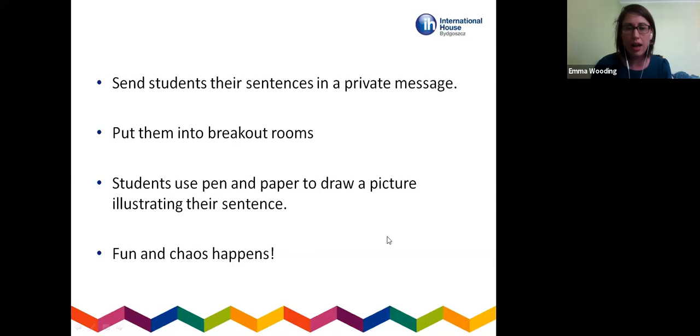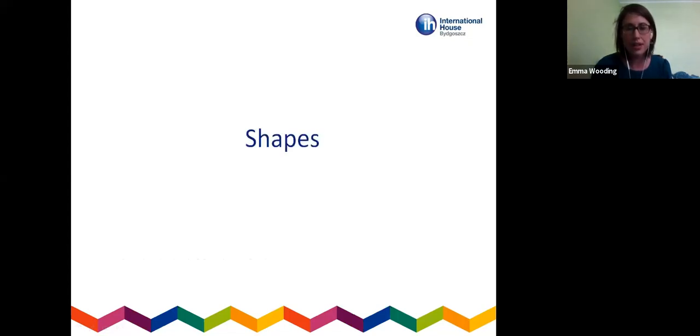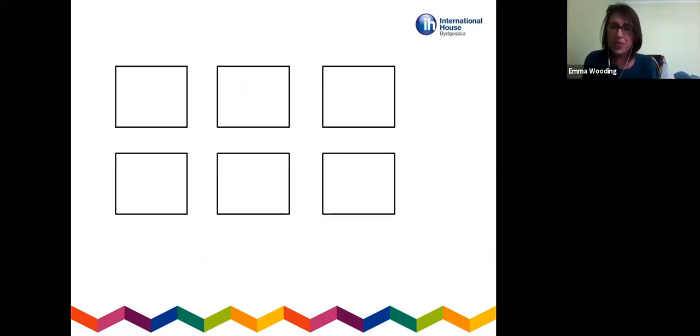Okay. The second activity I wanted to show you is again one that I've adapted that I use a lot in the traditional classroom, and that's using shapes. I would give my students a set of shapes. So here I've got squares.